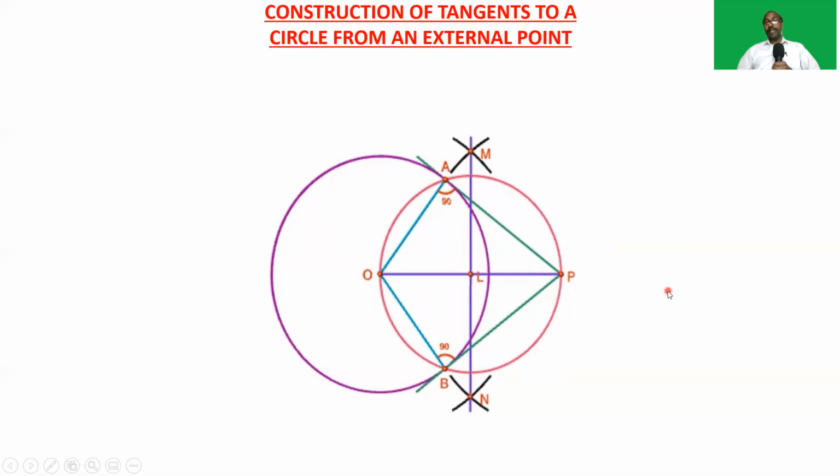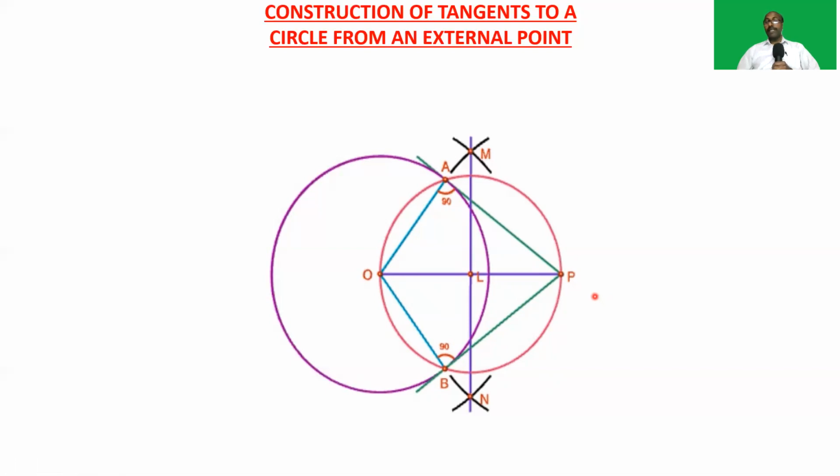Also we can observe that triangle OAP and triangle OBP are right angle triangles, and OP is the common side, and OA is equal to OB as they are radii of the circle. So by RHS congruency, triangle OAP is congruent to triangle OBP.